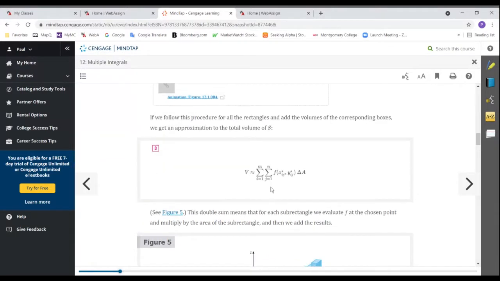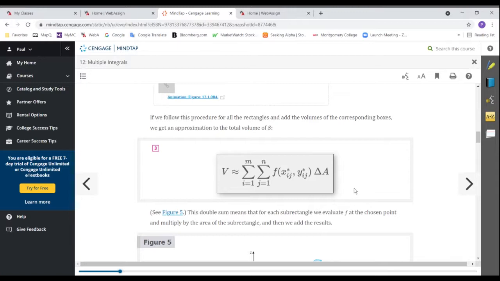So what you're really doing here is a double Riemann sum. The volume is base times width times height. The height of each rectangle is the value of the function at the point you've chosen, whether it's the left corner, midpoint, or right corner, and then the length times width is delta A, the area of the sub-rectangle that you're dealing with.